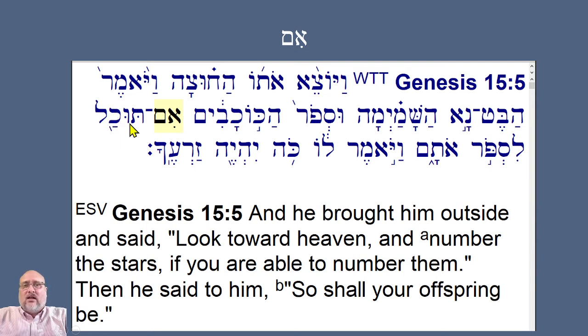Interesting thing, in the night sky you can only see about 1,000 stars, and yet we know now, thanks to the Hubble telescope, there are trillions of stars. Maybe God's keeping his promise even with what Abraham couldn't see. Count them if you're able to count them. And he said to him, thus will be your seed.